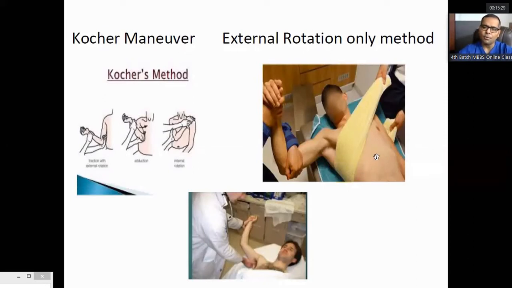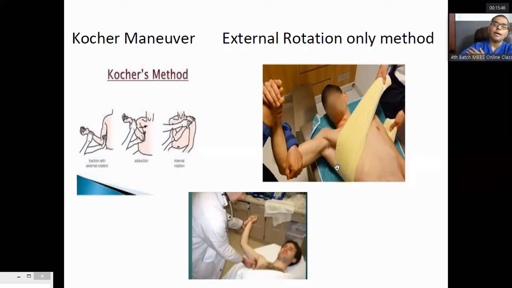Supine will be more comfortable for the patient, and occasionally we can do this in sitting position also. This is the external rotation only method, in which we just externally rotate the limb in abduction. In this position, unlike in Kocher's, the limb is in adducted position.